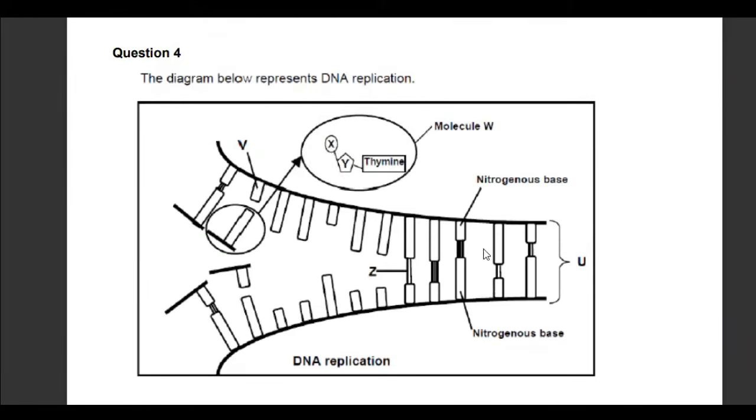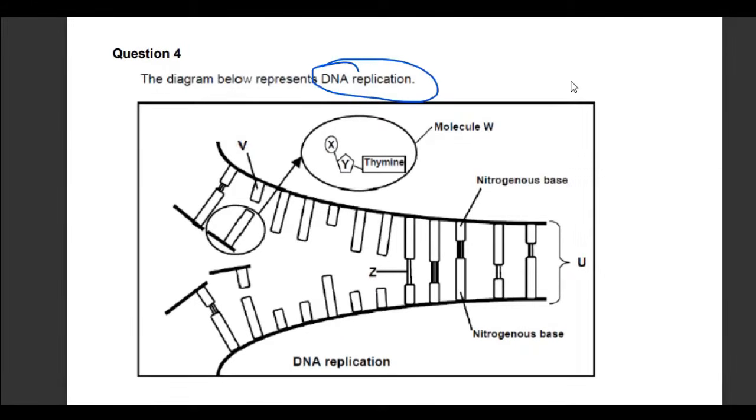And then also the weak hydrogen bonds, 2 strands, so it identifies it to be a DNA molecule. And it cannot be RNA, because even here they say that this is a DNA replication.